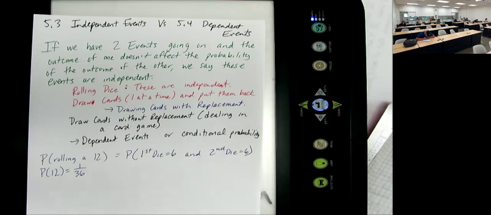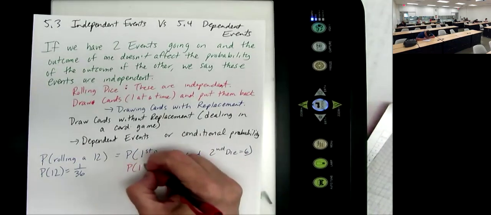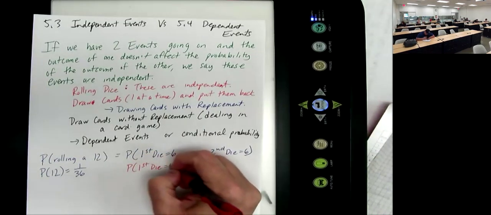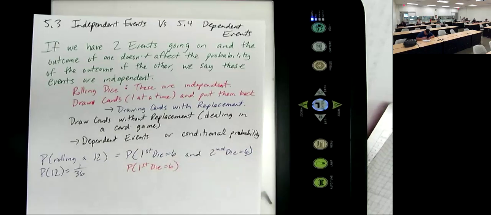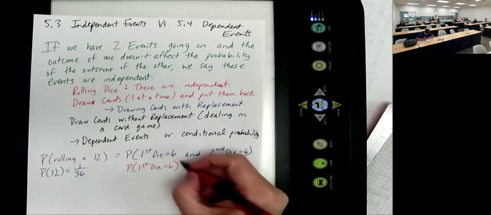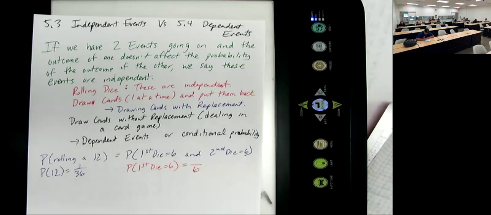What's the probability that the first die equals a 6? How many sides does the die have? 6. So there's 6 ways it can come face up. That's my total on bottom. How many of those options on the die are a 6?